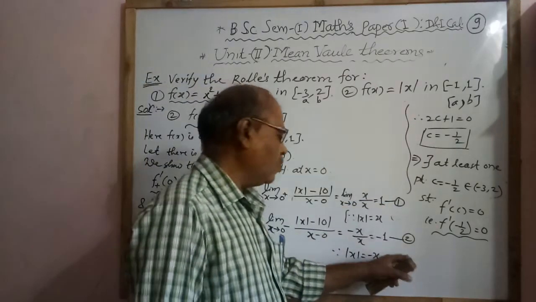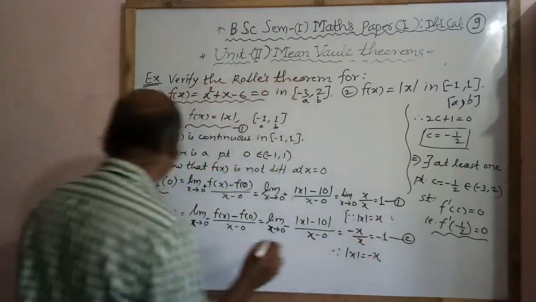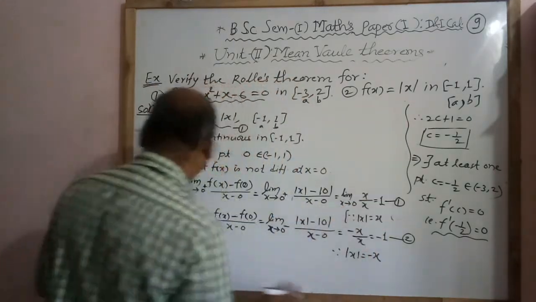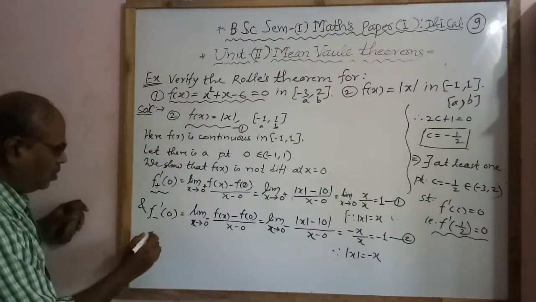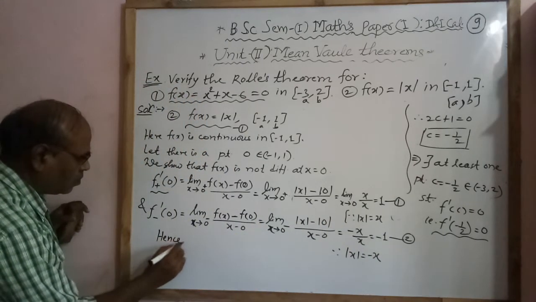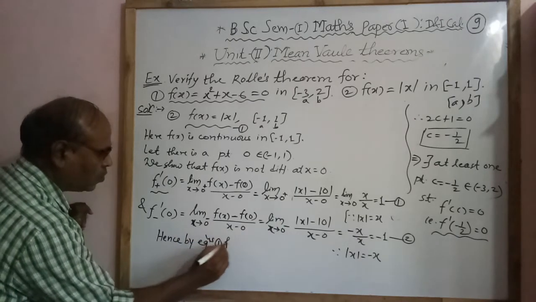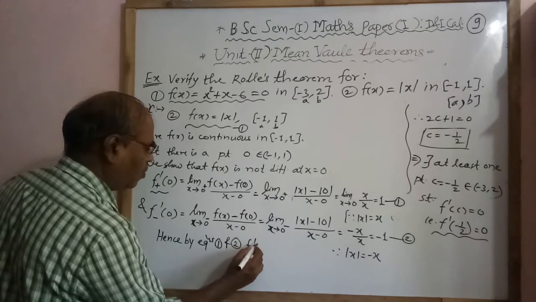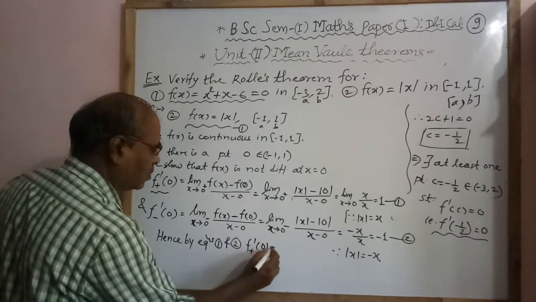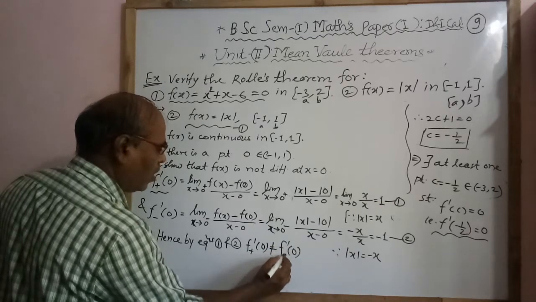Now from 1 and 2 we observe that these are not equal. Here we get the right hand derivative equal to 1 and the left hand derivative equal to minus 1. Both are not equal. Hence, from equations 1 and 2, f dash of 0 plus is not equal to f dash of 0 minus.